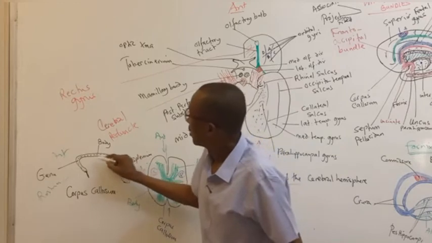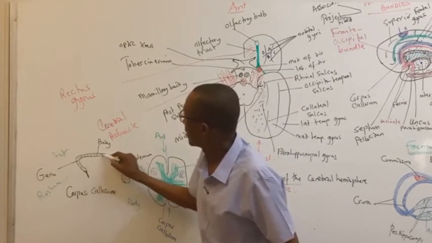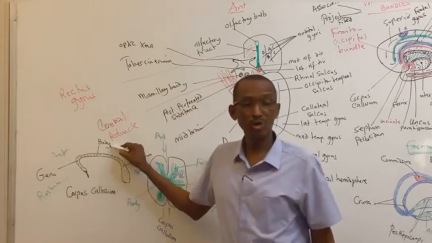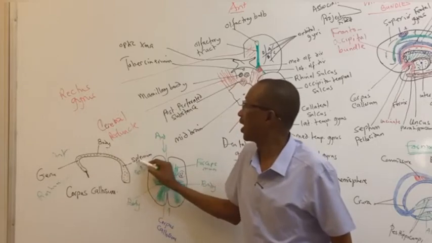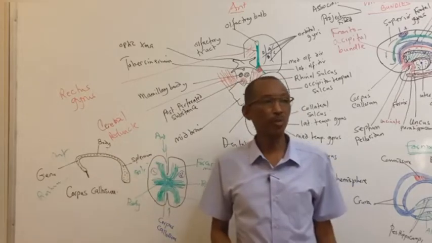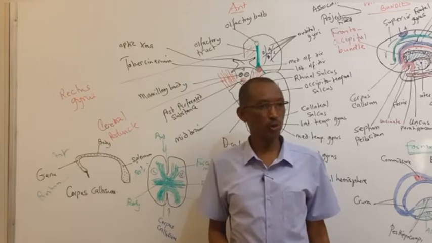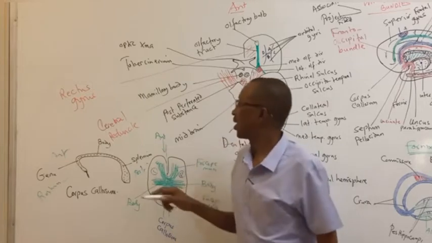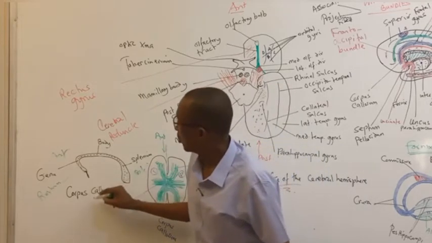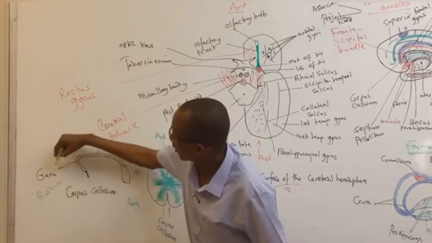And this side is the body of the corpus callosum, and posteriorly here is what we call the splenium of the corpus callosum.